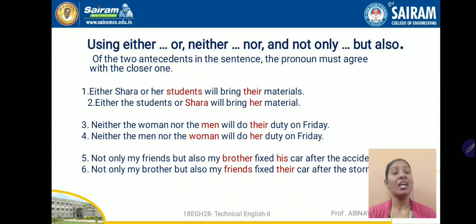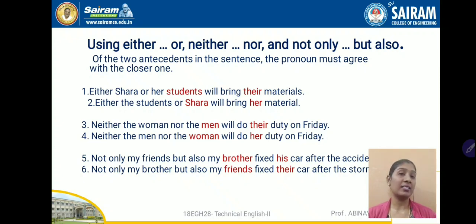If there are two subjects in the statement with either-or, neither-nor, not only-but also, the subject near the verb is taken for consideration, and that subject is changed into the pronoun. Here the verb is "will bring", and near the verb the subject is students, which is plural, so we have written the plural pronoun, their materials. In the same statement, either the students or Sarah will bring her material. Why? Because "will bring" is the verb and the subject near the verb is Sarah, singular, so we have used "her", the singular pronoun.